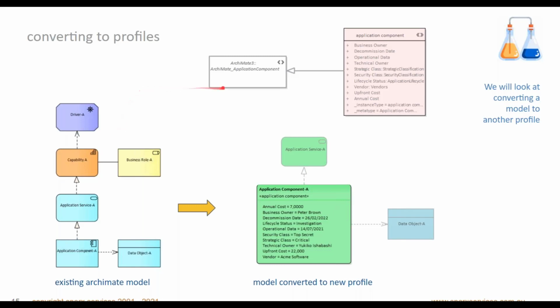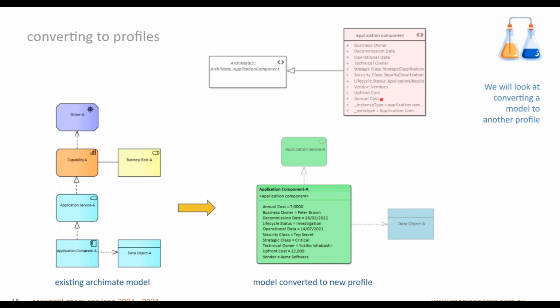Now, up at the top of the screen here, this is the model that someone's got, an existing Archimate model. And then we've got an Archimate application component, which we've specialized into our own component using Enterprise Architect's built-in profile mechanism. Now, suddenly, the people who are using Prolaborate, the business people, the non-modeling community that get such value out of that tool, want to see things like: what was the upfront cost of the application?